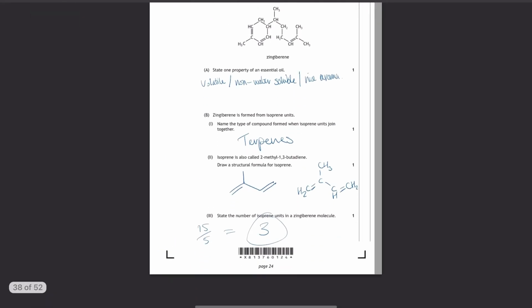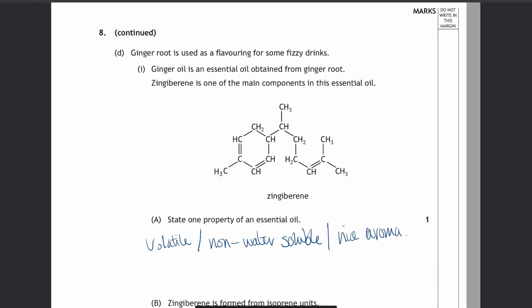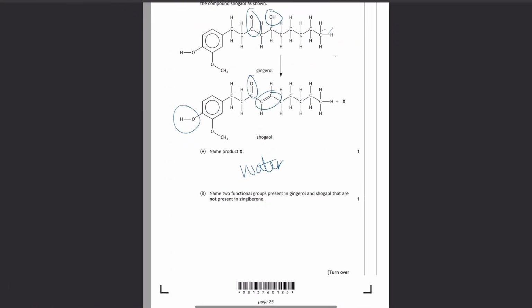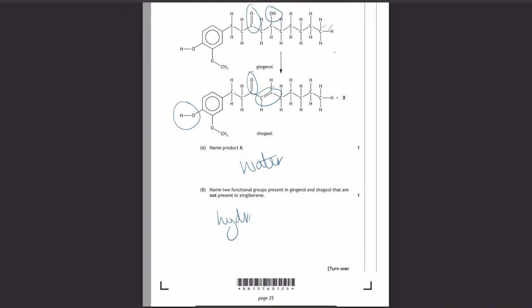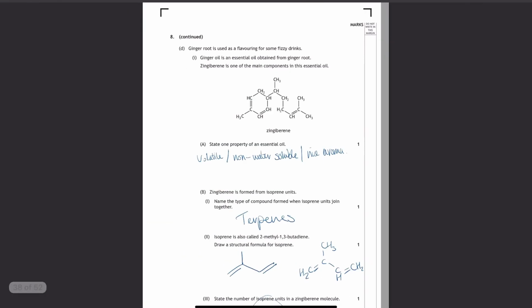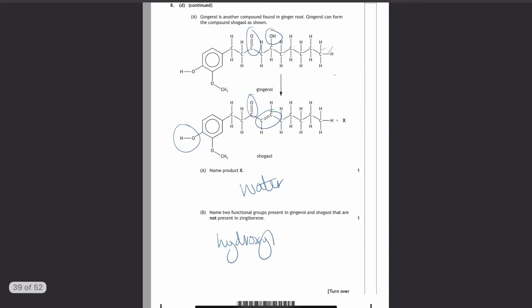And then if we look at the zingiberene, it's all hydrocarbon, so it doesn't have either of those. So we've got a hydroxyl group and a carbonyl group. The zingiberene did have the double carbon-to-carbon bonds, so that functional group's not one that's not included. So hydroxyl and carbonyl.